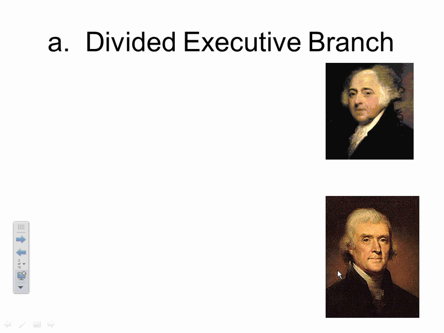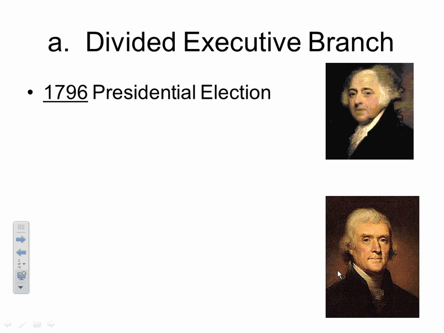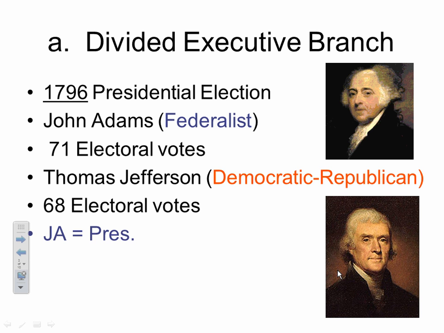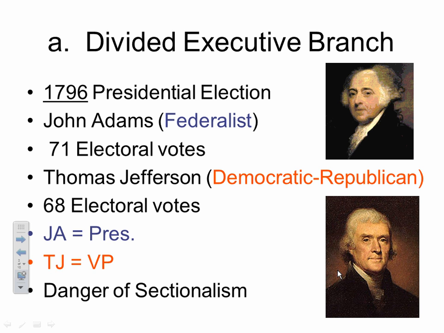One of the prominent things that we have to make sense of is this divided executive. So remember, as the Constitution outlines and designs, the Electoral College selects the president. Each elector from each state casts 2 votes. This is the original design.